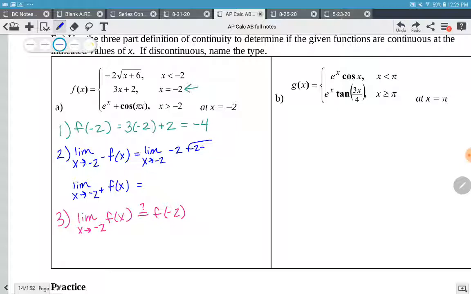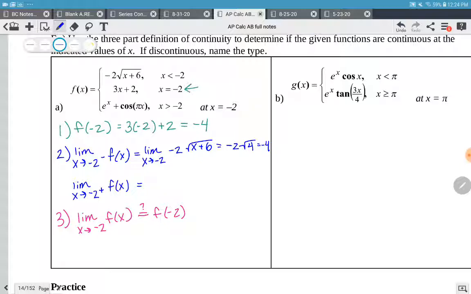Oh, whoops, sorry. Okay, so here I can actually use direct substitution. Just plug in -2 here, and I'm going to get -2 plus 6 is 4. So this will be -2 times the square root of 4, which is just 2.